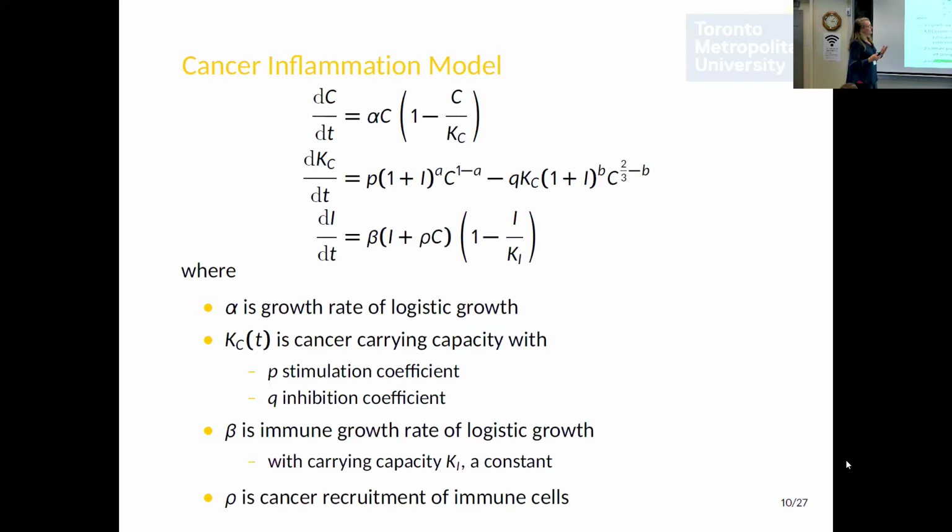But they do take up space in the environment. So we have logistic growth for the tumor and logistic growth for the immune response with recruitment. And then this is the Hahnfeldt model for the dynamic carrying capacity, but we've modified it to have the immune system play a role in growing the carrying capacity of the tumor.